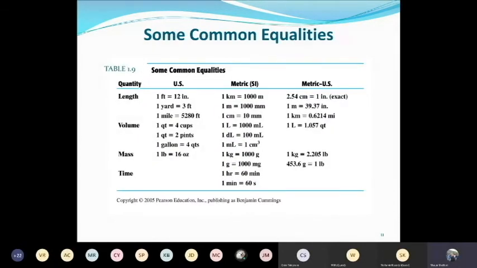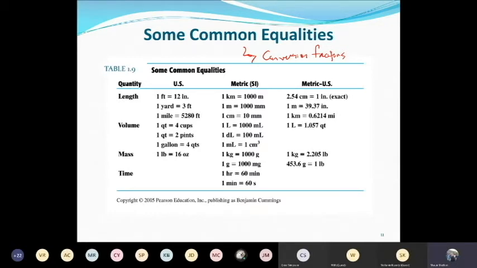All right. Now we get to the fun part. So a lot of equalities here. Equalities are basically conversion factors. That's all equalities are, conversion factors.